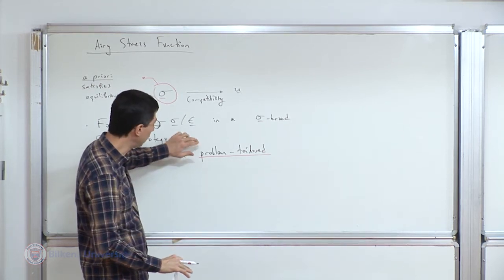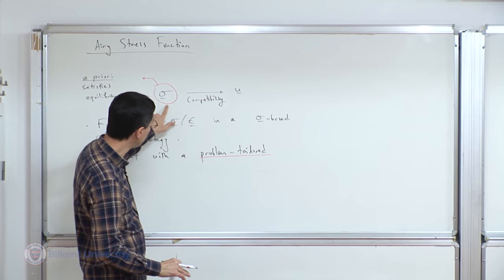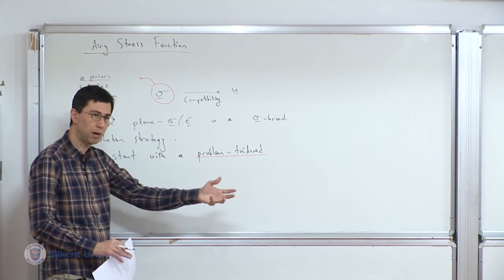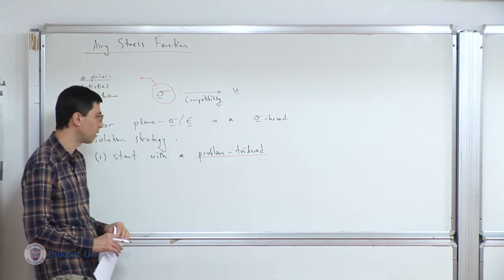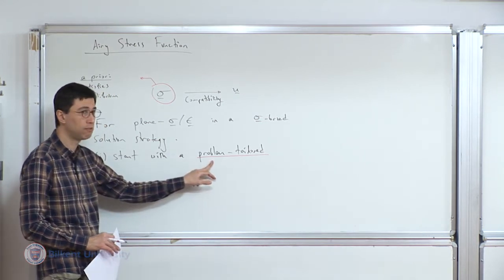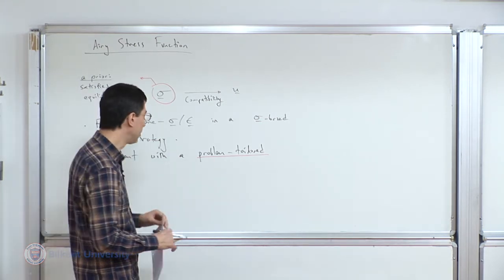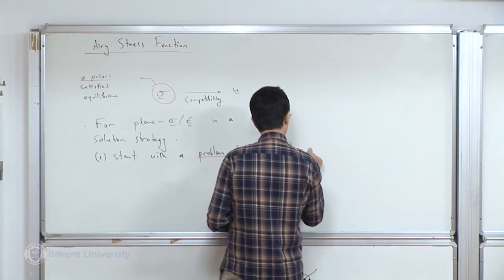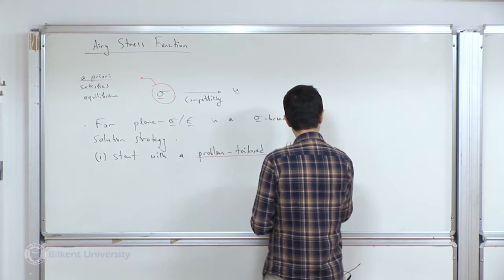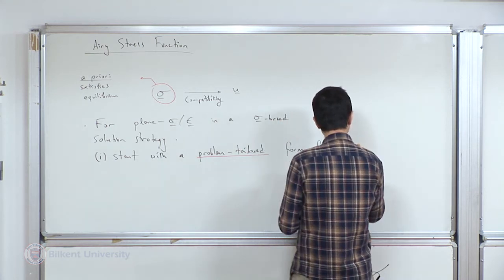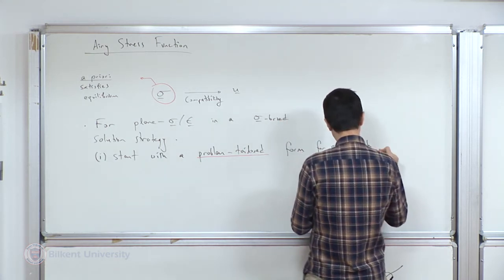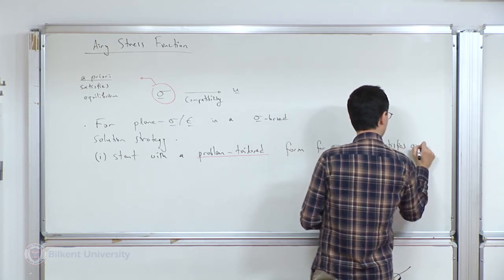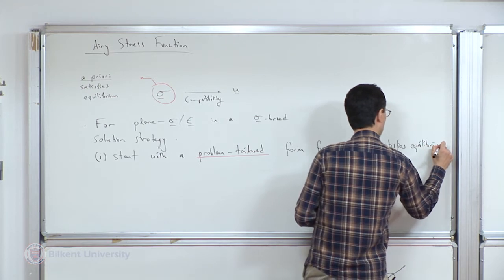In this case as well, I want to start with a form of the stress that is already problem-tailored. I put some insight into the problem by observing the symmetries. That is something we always have to do, otherwise it might be impossible to solve the problem. So we start with a problem-tailored form for stress, which must satisfy equilibrium. That's the first challenge that we will meet.